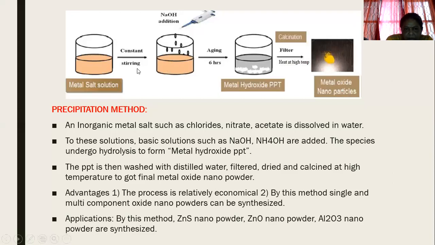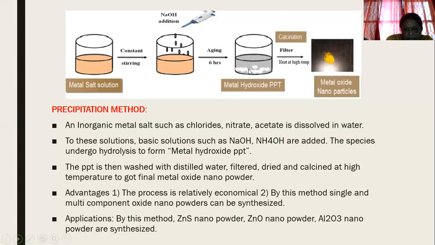And what happens here is metal salt treated with sodium hydroxide or any base is converted into metal hydroxide. So here the precipitate forms, and let the precipitate grow, and let the aging go for at least 6 hours or more than that. Then you get the metal hydroxide precipitate.